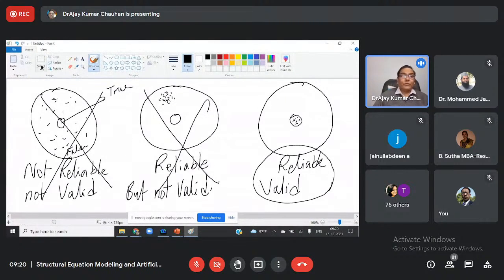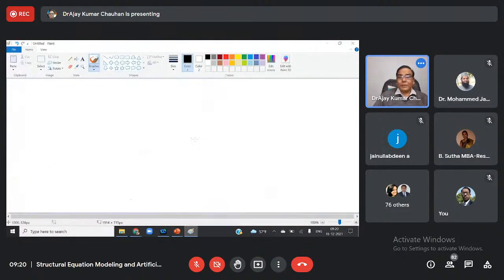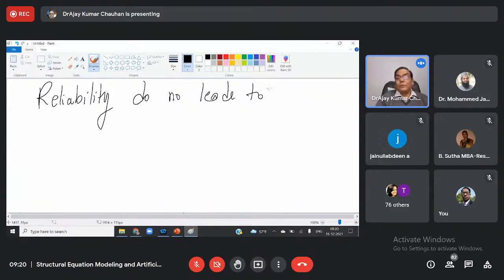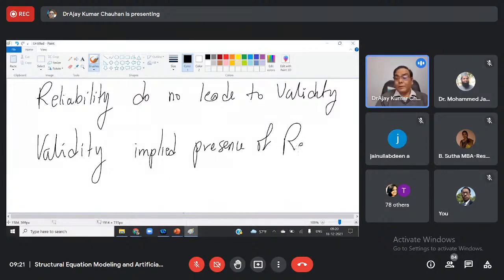So we can take a very important conclusion from here: reliability does not lead to validity, but validity implies the presence of reliability.